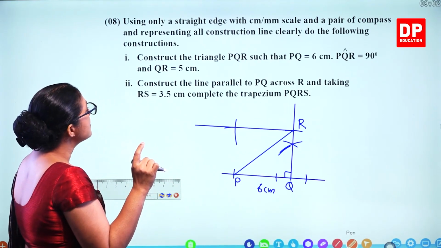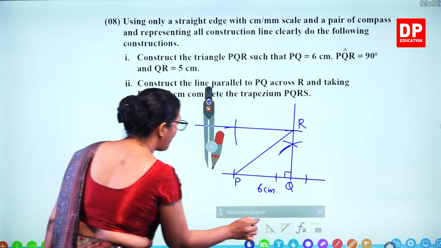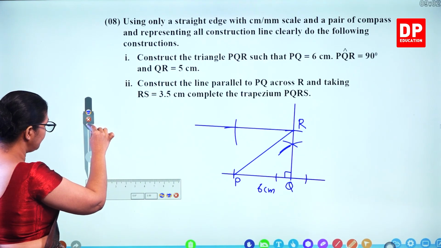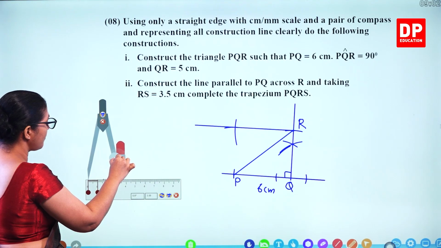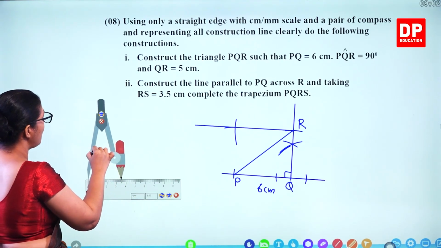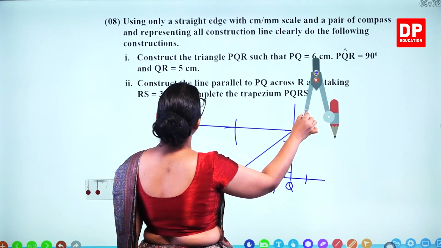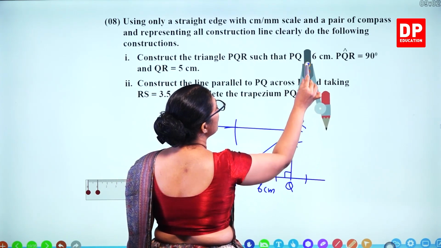And then it says RS is 3.5. So you take the compass and measure 3.5. 3.5 is here. So RS, so from here you mark 3.5.